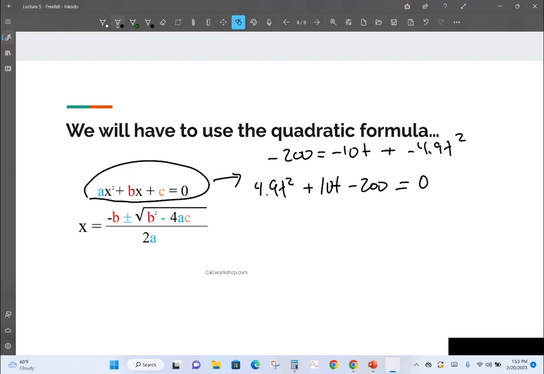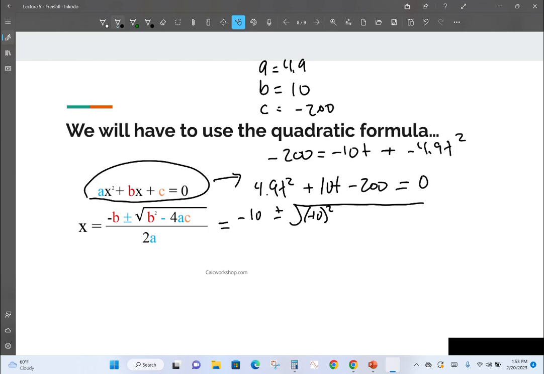So A is 4.9, B is 10, and C is negative 200. So now I can plug it into my formula for quadratic. Negative B is negative 10 plus or minus the square root of negative 10 squared, positive 10 squared, minus 4 times 4.9 times negative 200, all over 2 times 4.9.